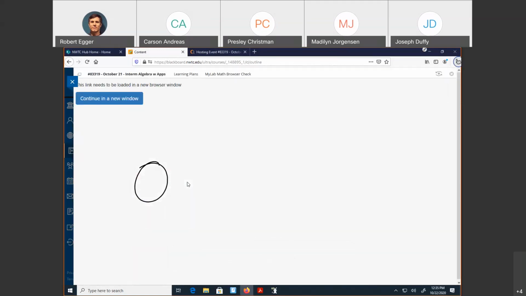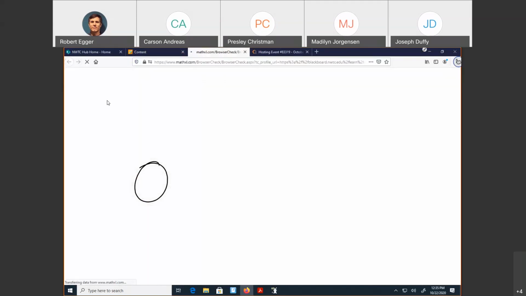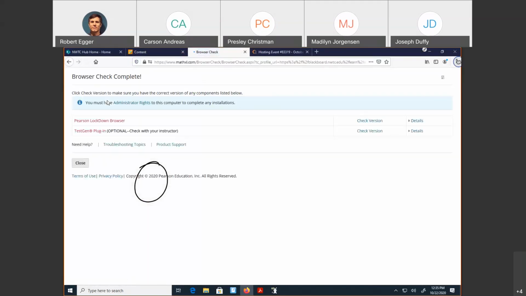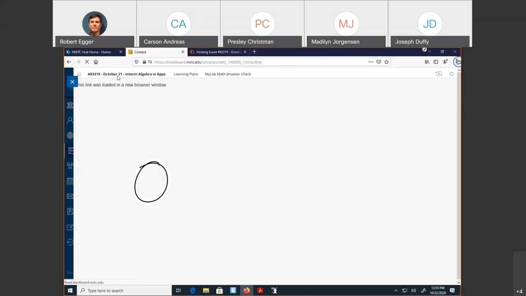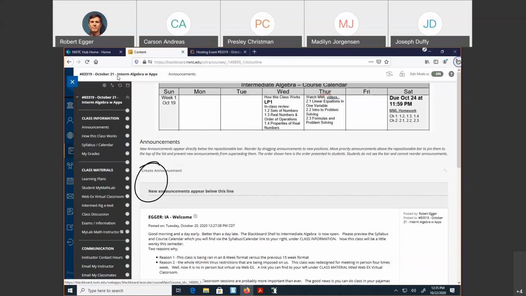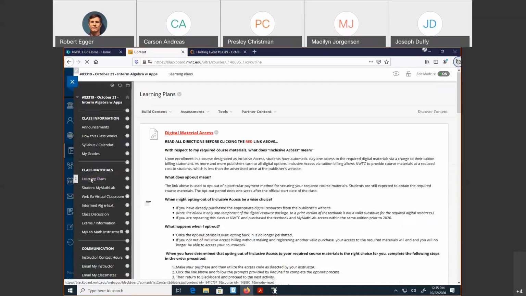Click on the button for that, navigate to it, and you either get a browser check or you get into MyMathLab, or you're going to get a page that's going to ask you to accept some terms of use conditions, and you should be in. It comes as part of your tuition purchasing the class for registration, so it should be seamless to get into.